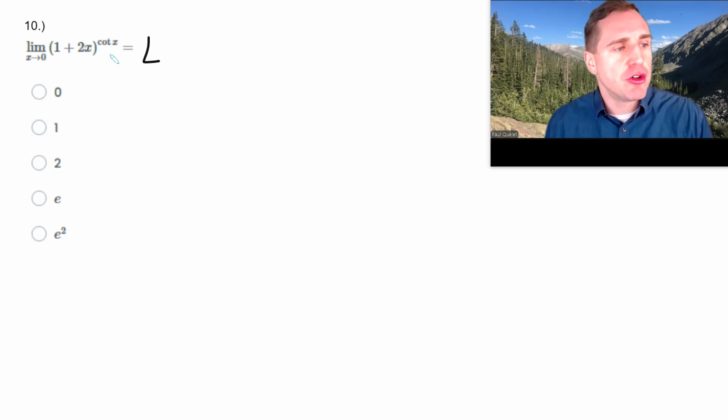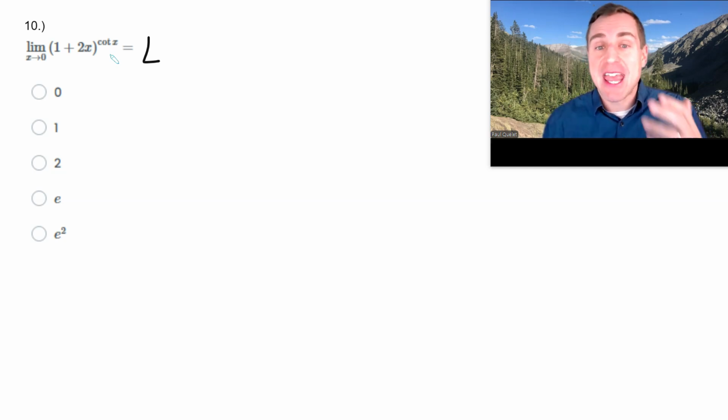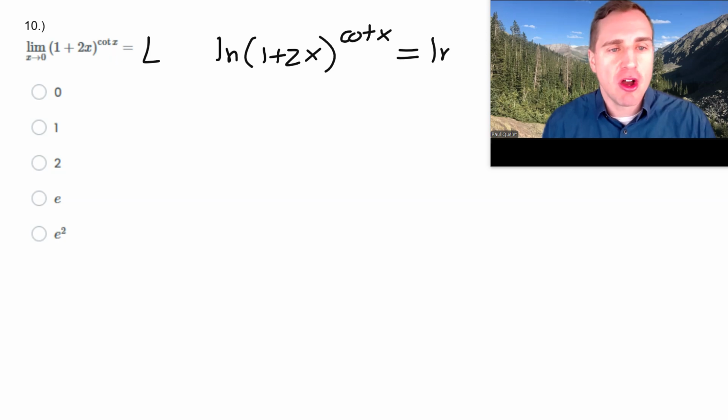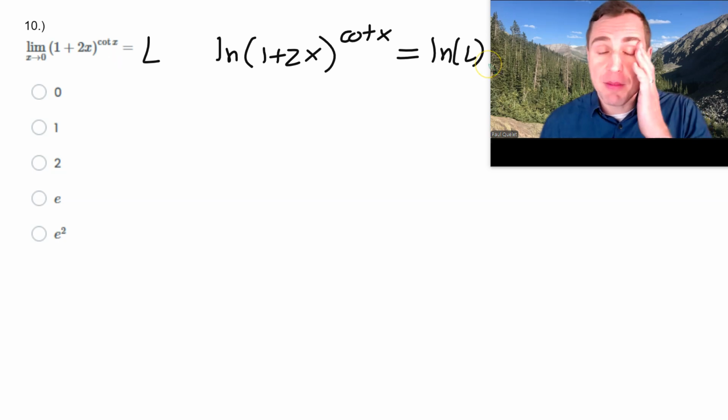Then we should think about how to bring this power, which deals with x, down. Generally the method to do this is to take a natural log. So if I take the natural log of both sides, I'm going to have the ln of 1 plus 2x raised to the cotangent of x equal to the natural log of L, L being the limit.